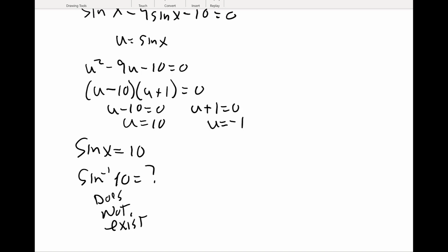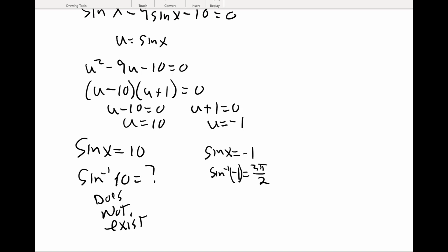So now let's look at this next one. Sine of x equals negative 1. Hey, I just said that's the smallest thing it can produce. So if I said sine inverse of negative 1 equals what? Everyone shouts in unison, 3 pi over 2. So it wants us to give all the solutions.